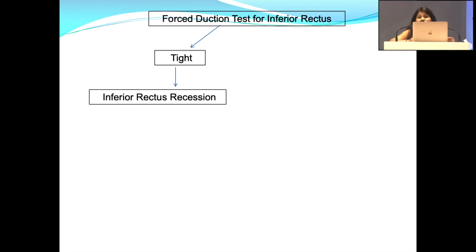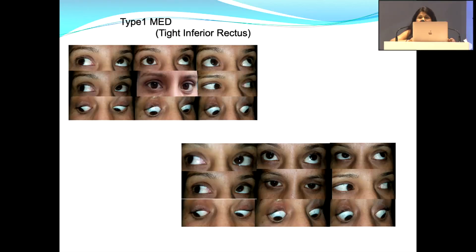The management, as I said, depends on variable factors, and the most important of them is the force reduction test for inferior rectus. If your inferior rectus is tight, the choice of surgery is none but the inferior rectus recession. The amount of recession will depend on the amount of tightness, and can be titrated intraoperatively.